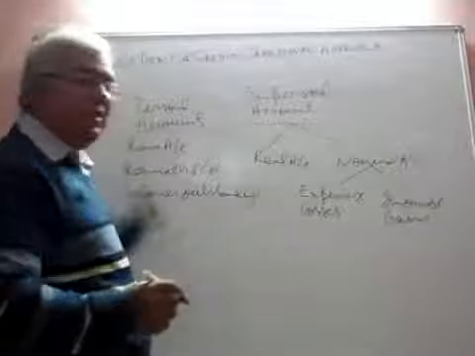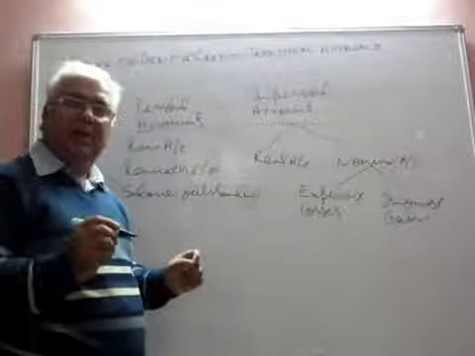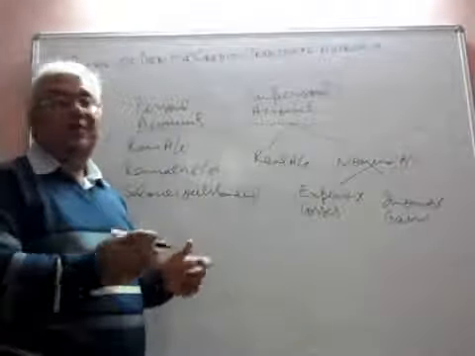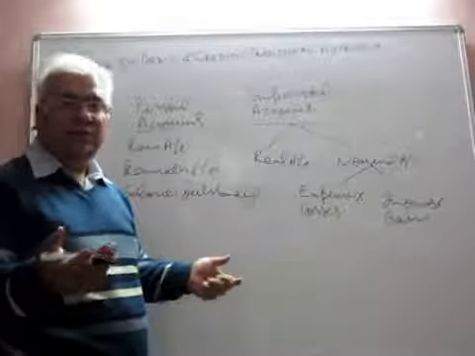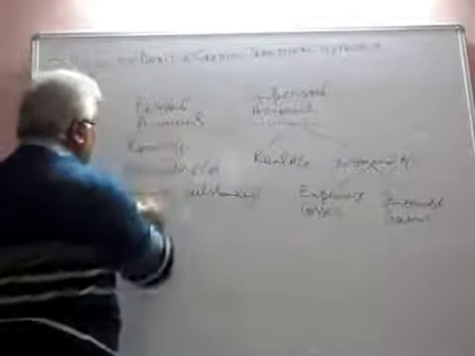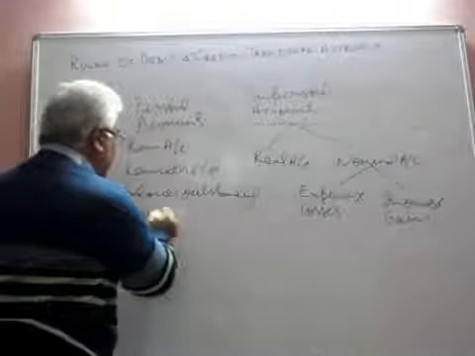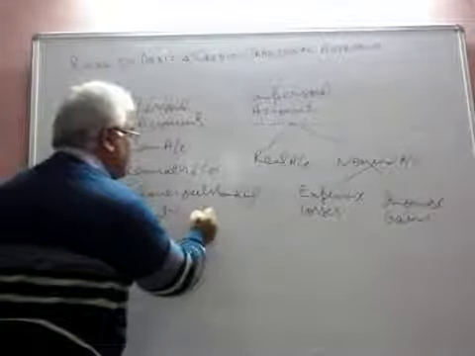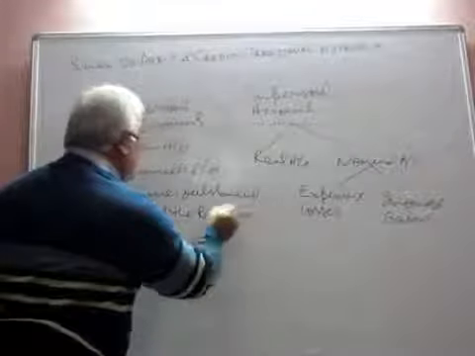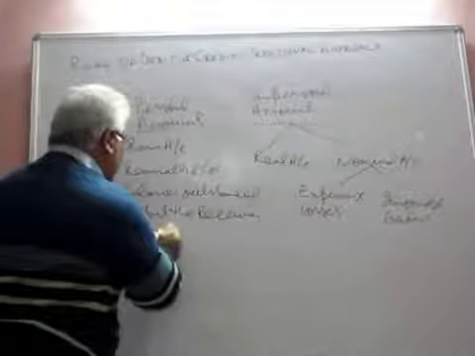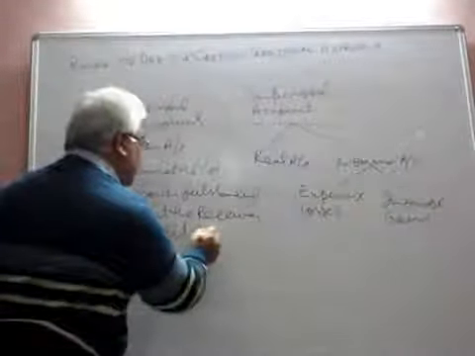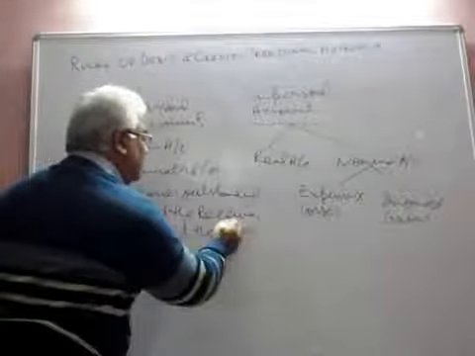For personal accounts, our rule is very simple. Debit the receiver, credit the giver. It's very clear. For personal accounts, the rule is debit the receiver and credit the giver. That's very simple to understand.